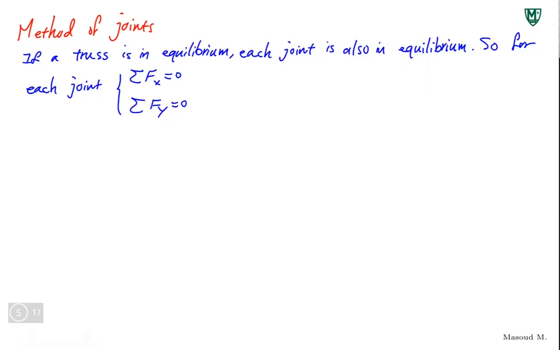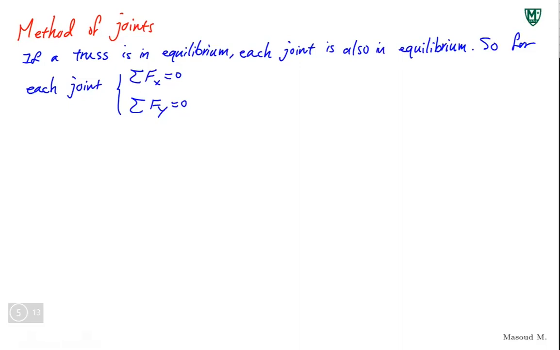Those could be external forces and internal forces. External forces are the forces applied to the truss at those joints. The truss has no force applied to it on the member. Forces are always applied to the joints. So there are some external forces, depending on what type of truss we're looking at, and internal forces, if we draw the free body diagram for just that specific joint.